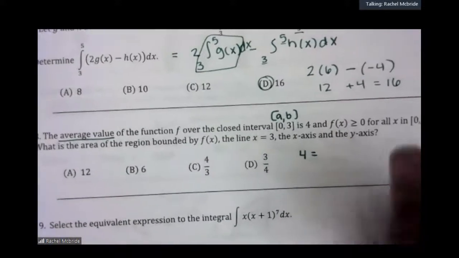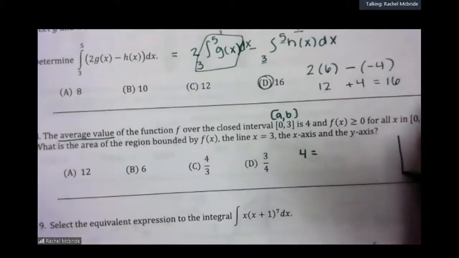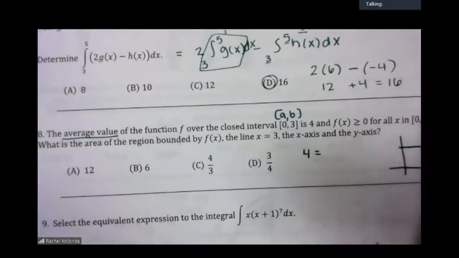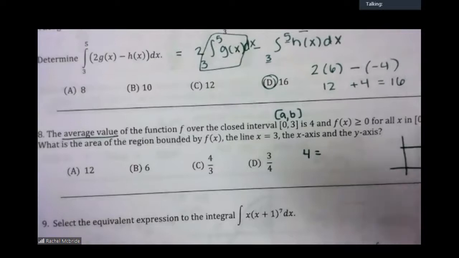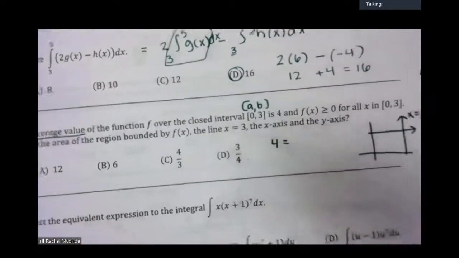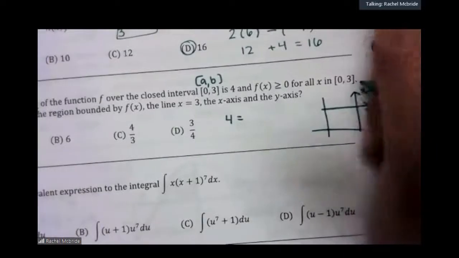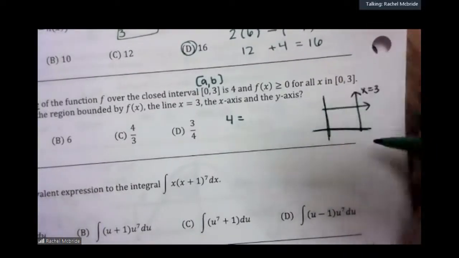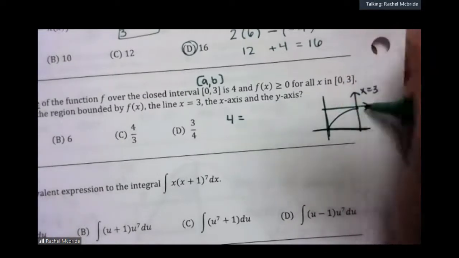We have the line x equals 3. Totally started to draw in y equals 3. So there's my line x equals 3. Here's my x-axis, here's my y-axis, and here's my curve.